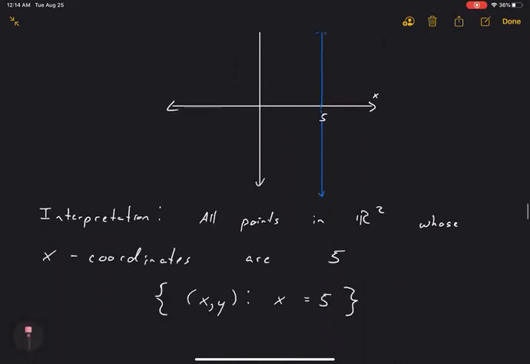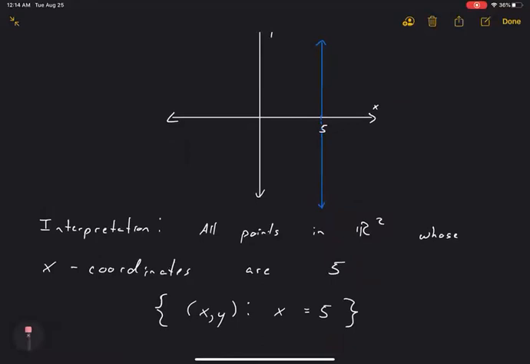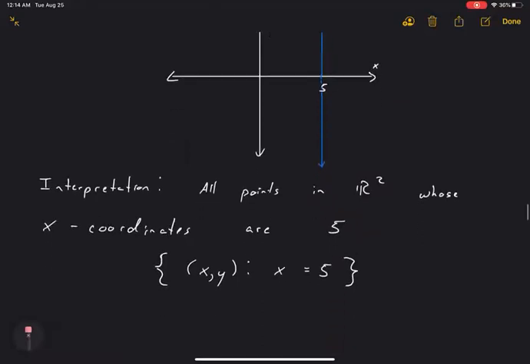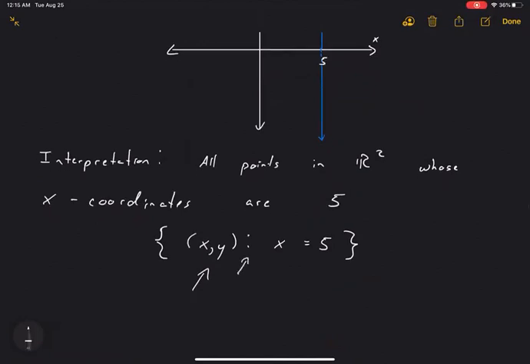I interpret that as all points in R2 whose x coordinate is 5. In set notation, I could write that as all the ordered pairs x, y such that x equals 5.